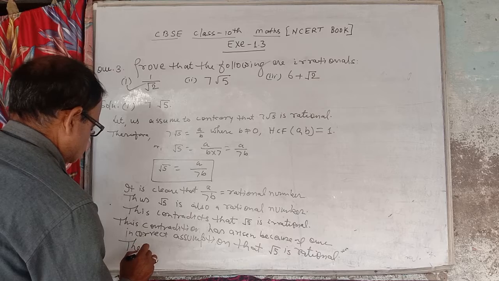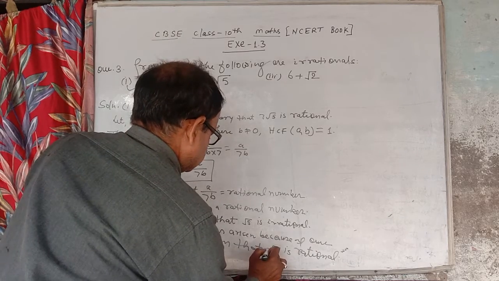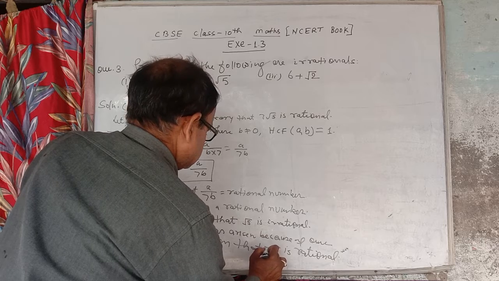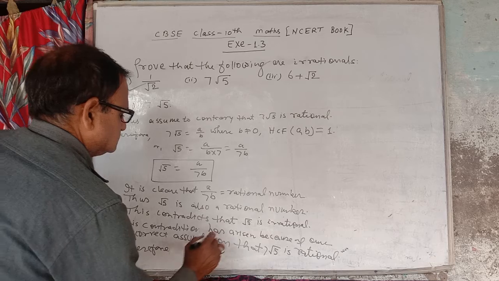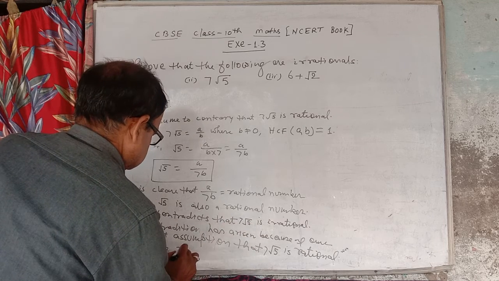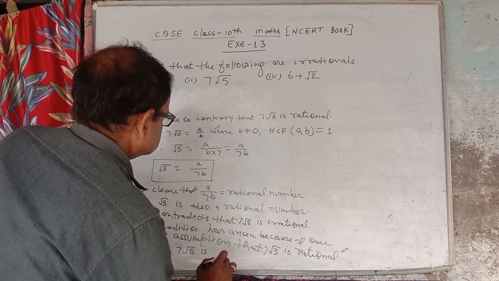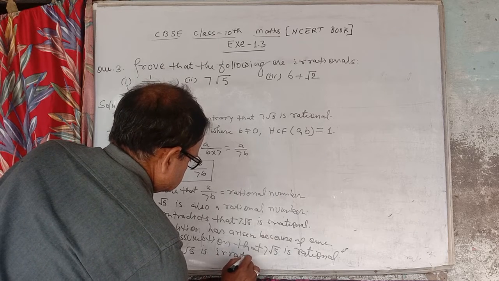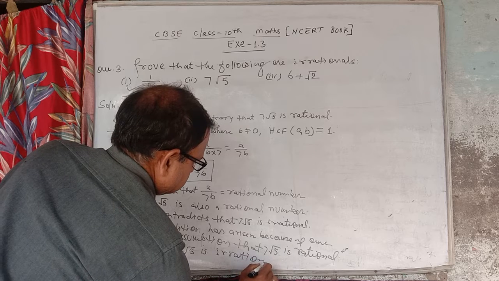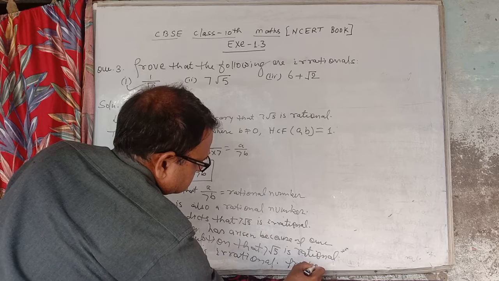Therefore, 7 root 5 is irrational. Proof.